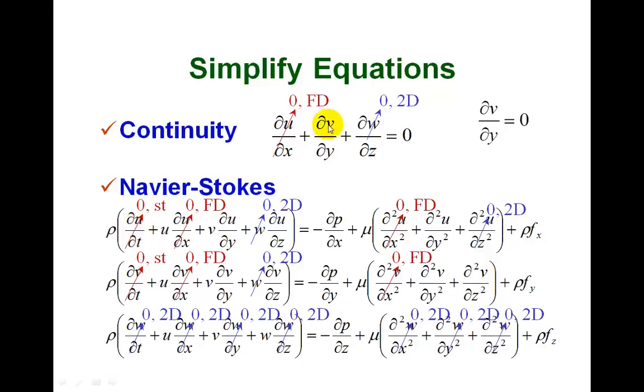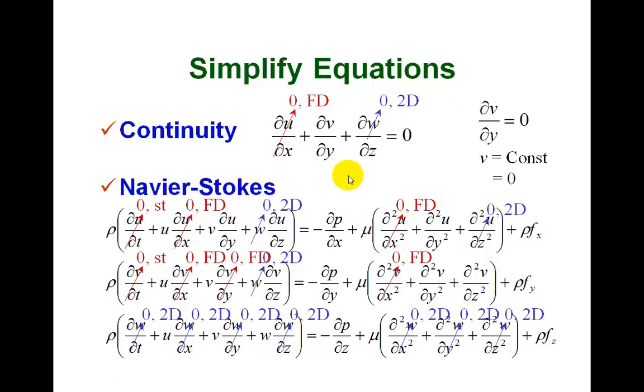Now we can look at the effect of these assumptions on the continuity equation. In this case, the derivative of the lateral velocity v with respect to y should be 0. So v has to be a constant with respect to y. If we evaluate that constant at the wall of our parallel plate flow, then we realize that the v velocity should be 0 everywhere. Again, a consequence of fully developed flow is that there is no lateral velocity in the flow field.